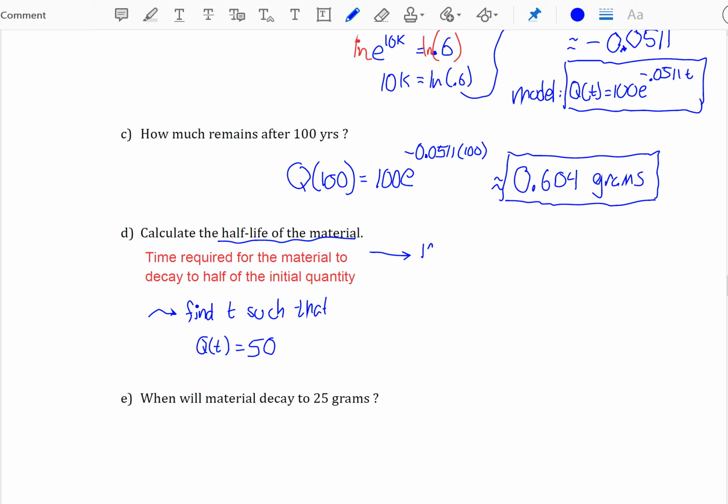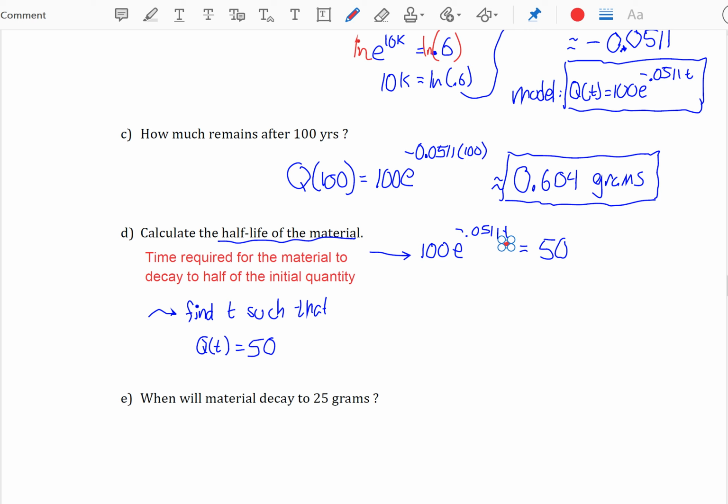Now that gives us the equation 100 e to the negative 0.0511 t equals 50, where we want to solve for t to find the amount of time it takes for 100 grams to decay to 50 grams.